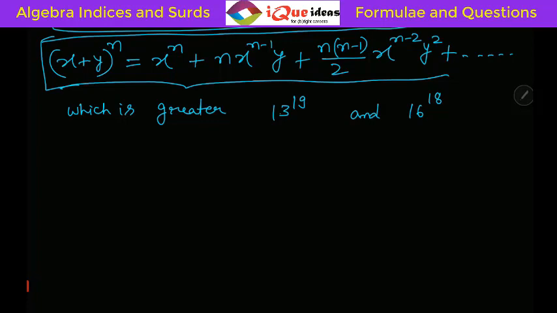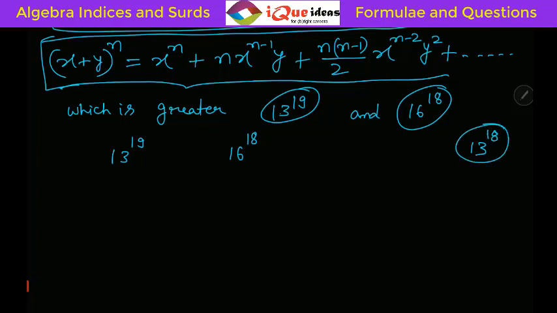So what we need to do is write both the numbers separately, 13 raised to 19 and 16 raised to 18. Now create a new number with smaller base and smaller power. Out of these two, which one is the smaller base? It is 13. Which one is the smaller power? That is 18.